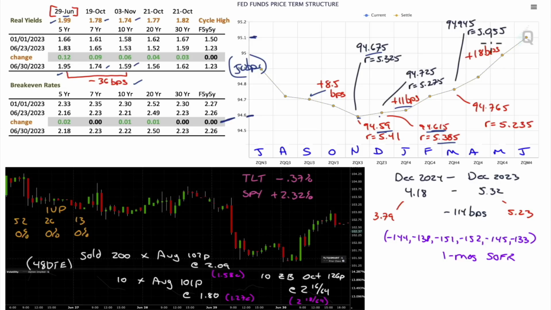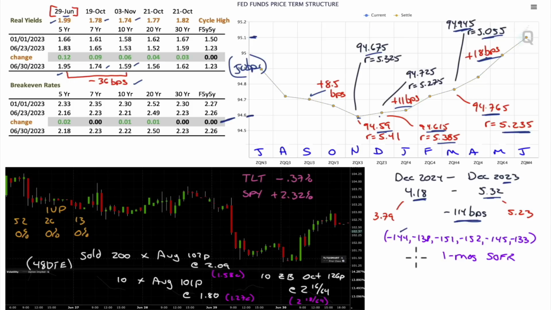Going out to March, 94.945 is now 94.765, implying a rate of 5.235 from 5.055, 18 basis points higher on the rate. And looking out for 2024, sort of getting the message as well, 4.18 ending 2024 versus 5.32 December 2023, 114 basis point drop.